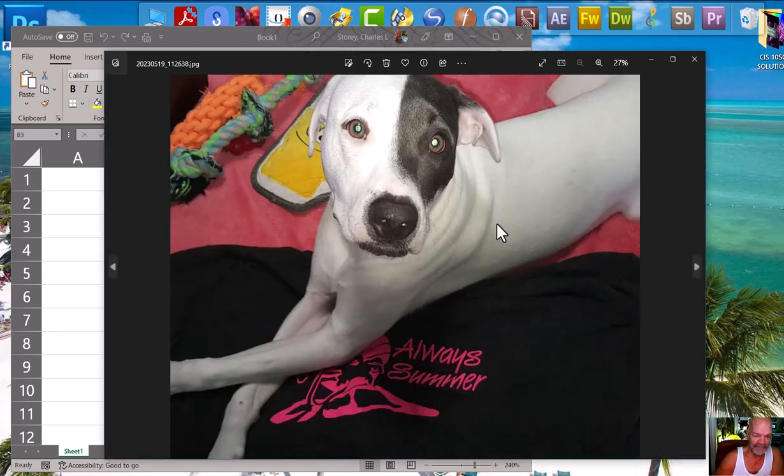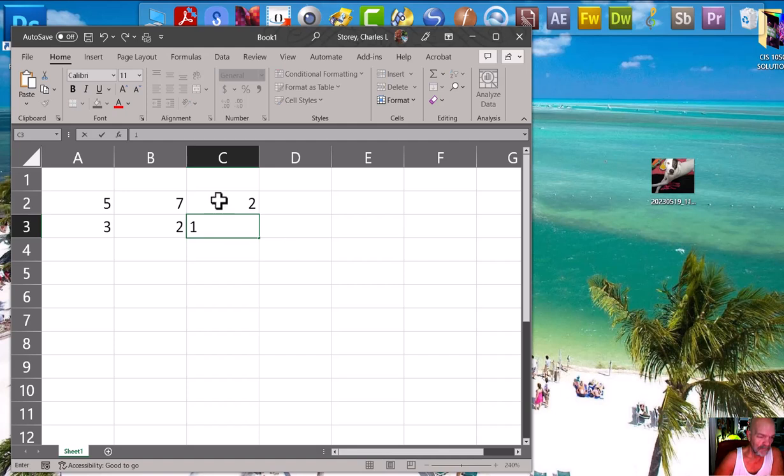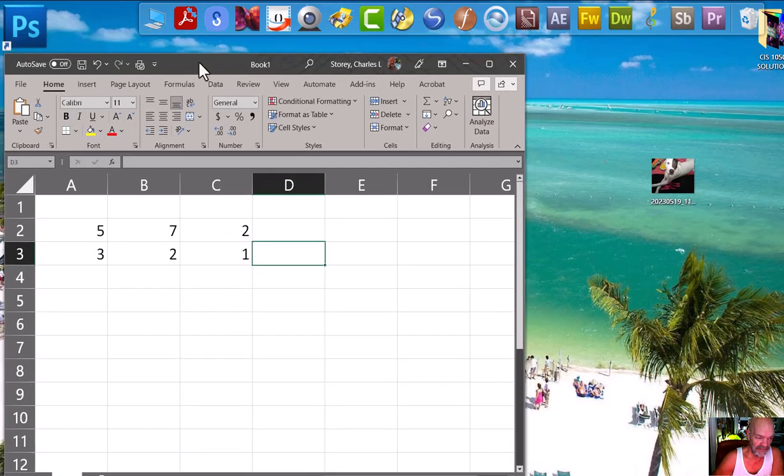This is him. He's my little Phantom of the Opera. He's got a big patch over one side of his face. He's a cute dog, but he gets into trouble all the time. He thinks he's a lap dog, but he's a big dog.